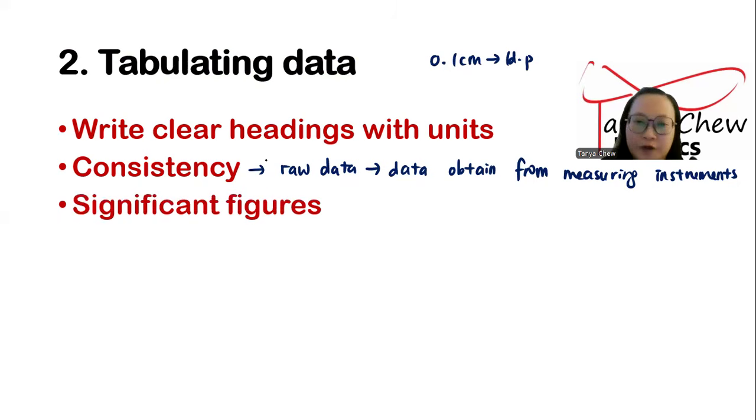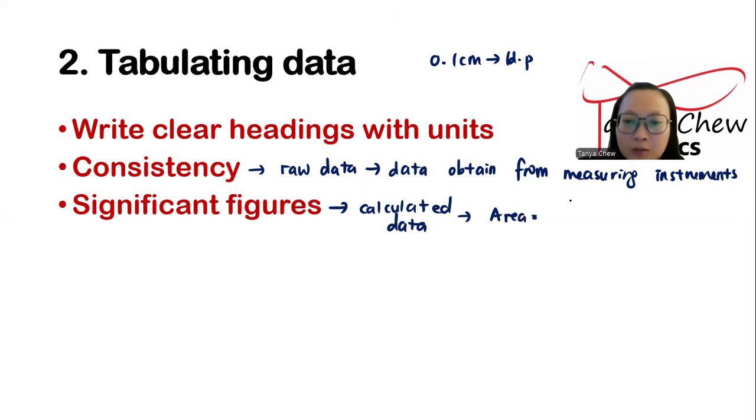Now, significant figures are related to calculated data. As long as you use your calculator to do your calculation, make sure that, for example, I find area. This is an example, length times width. Let's say the length is 3.5 cm and the width is maybe 2.1 cm.